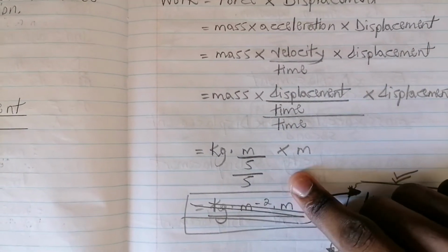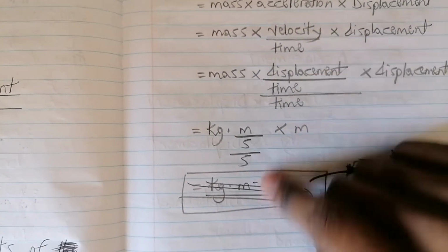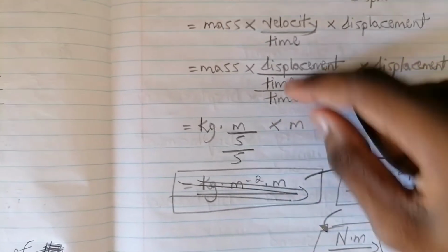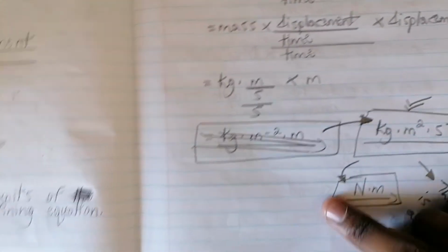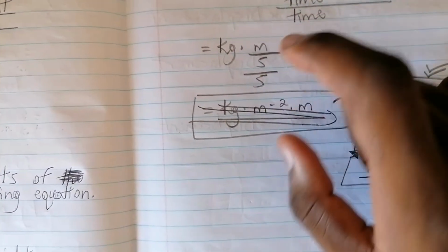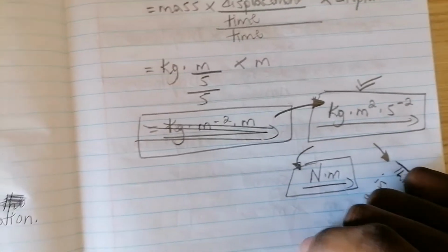Velocity is still not a base SI unit. We have to break it apart: displacement over time, all over time. Now we represent them in SI units. Mass, kilograms, displacement, meter, time, second, multiplied by displacement, it's a meter.